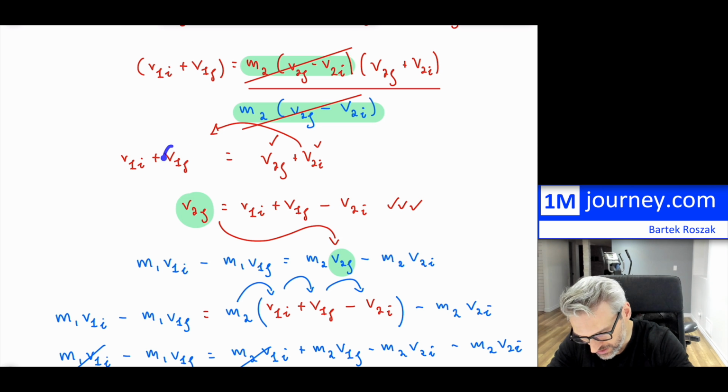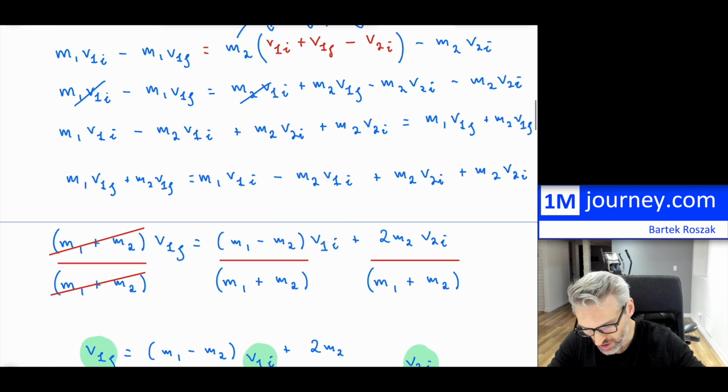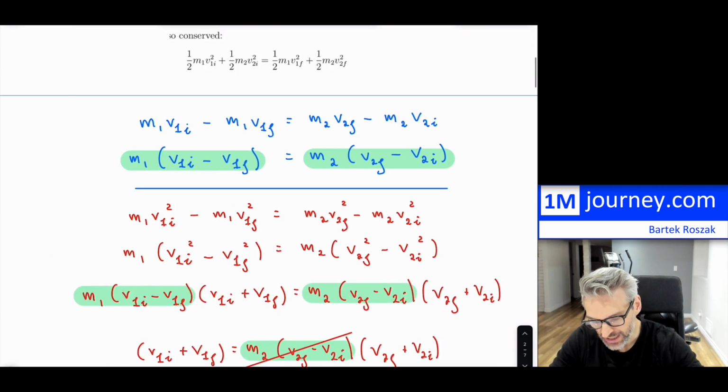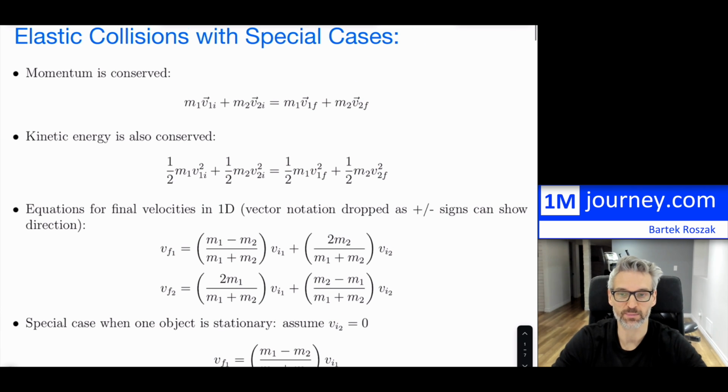So if you do this, and I encourage you to do that, take this, isolate it, and then substitute it back in, except you would be substituting into here, you would be able to massage this and obtain the second formula. Now, again, this only works for elastic collisions in one dimension.